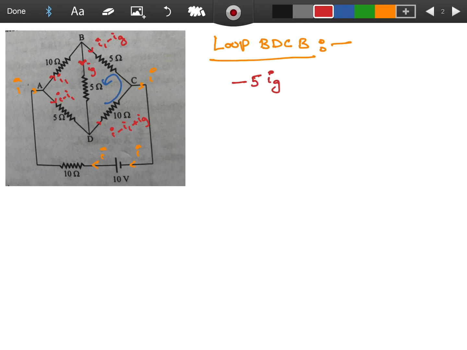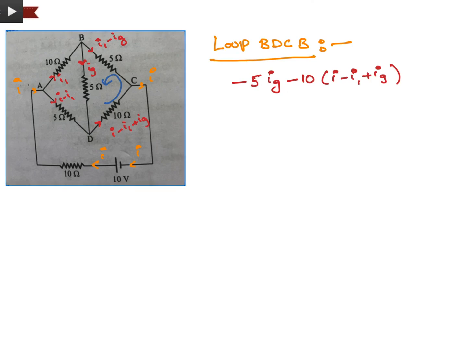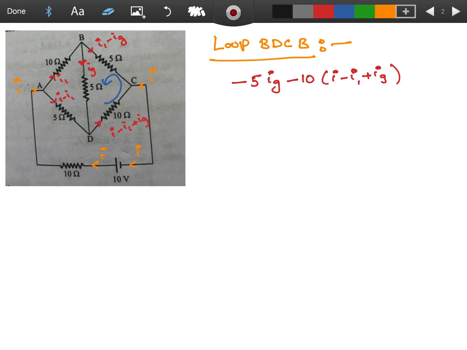B to D is over, then D to C. D to C again your loop direction, current direction same, minus resistance into current, I minus I1 plus IG. Then D to C over, C to B. C to B, your current direction and your loop direction both are opposite to each other. You are going from C to B, but current is going from B to C. Then plus 5 into I1 minus IG equal to 0.